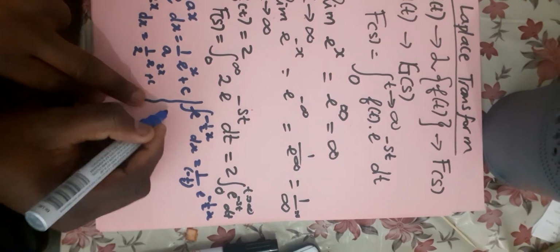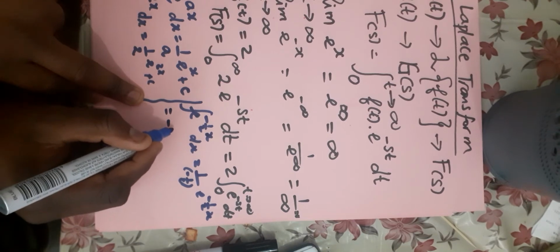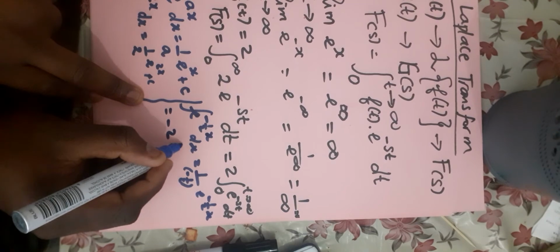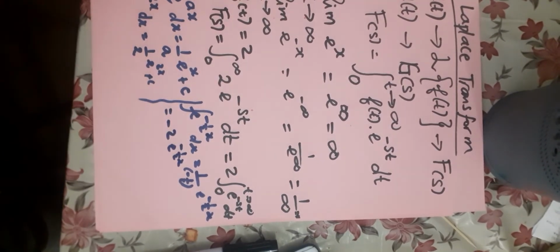So here it's going to give you immediately minus 2 e to the power minus half x plus c. I wanted you to know that part. If you know that part, we are good to go.